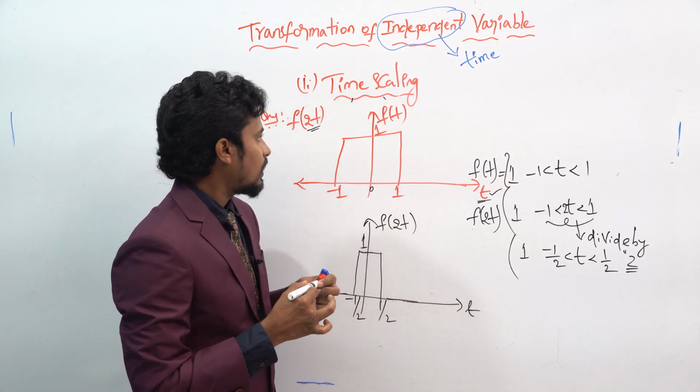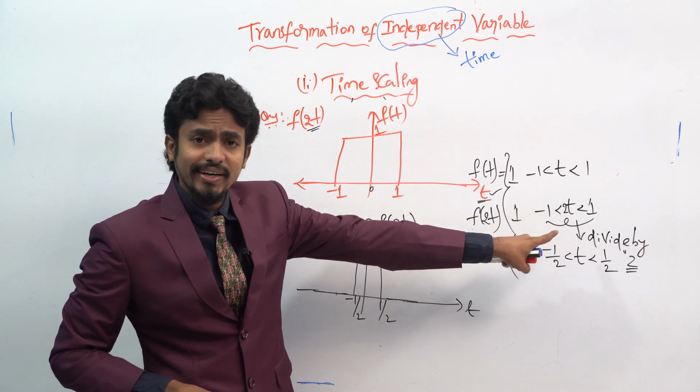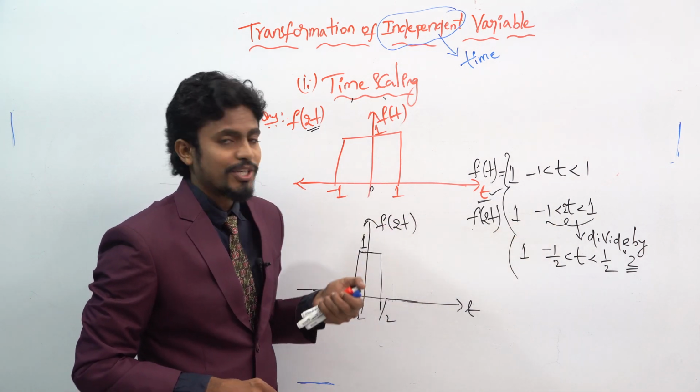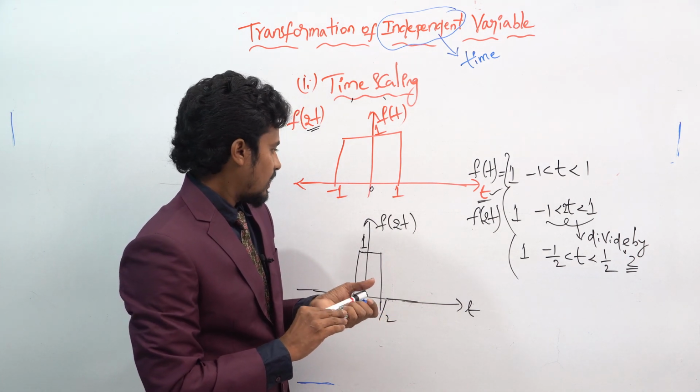And one shortcut for this: you can't always do the division for these questions. You have to observe one thing clearly.